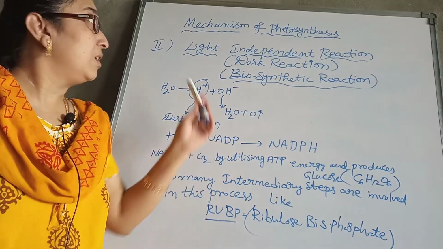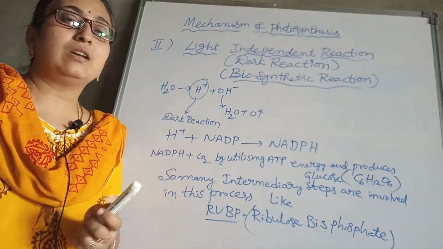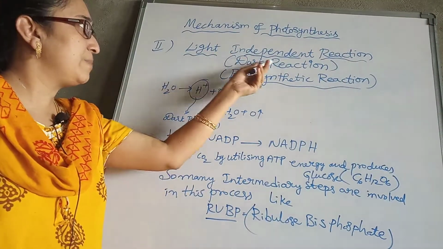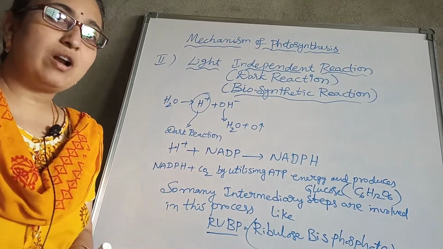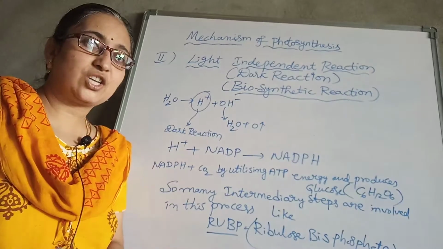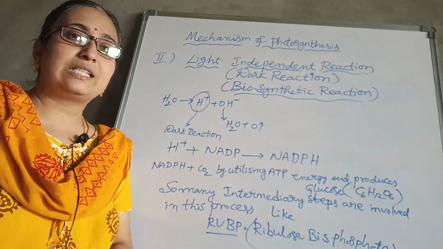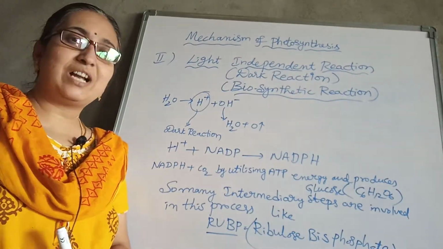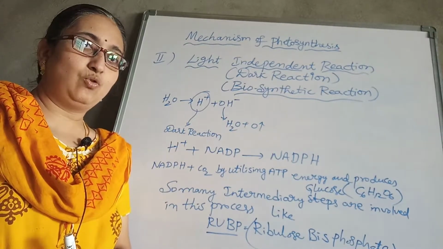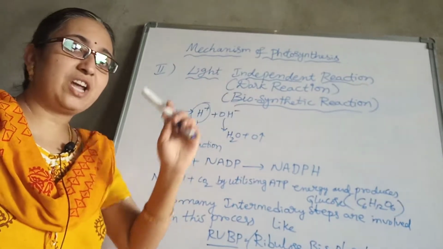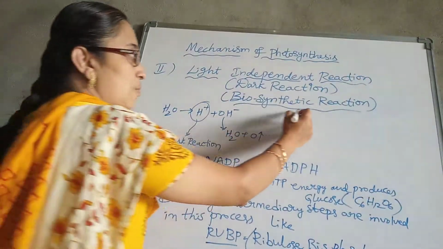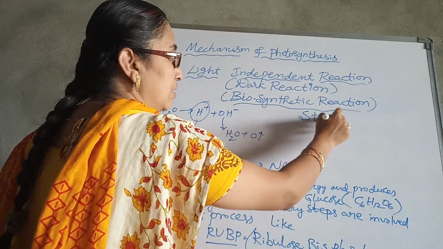In the mechanism of photosynthesis, the next one is the light independent reaction or the dark reaction, which is also called the biosynthetic reaction. In this reaction, a series of chemical changes takes place and glucose is formed. This light independent reaction takes place in the stroma region of the chloroplast.